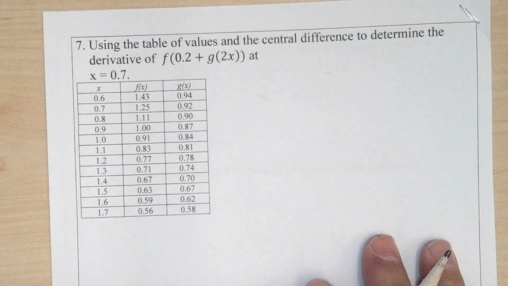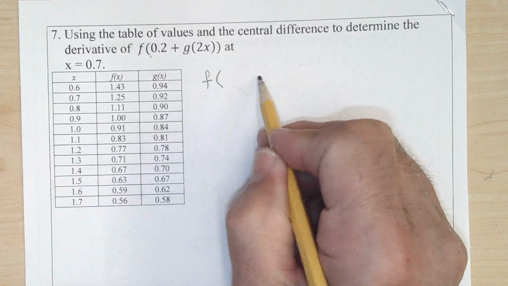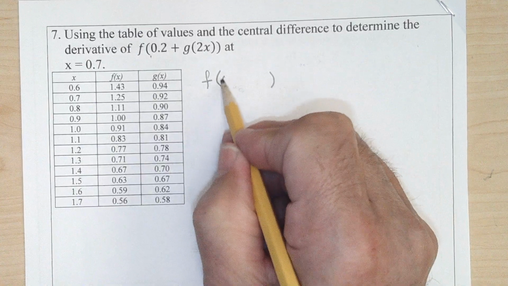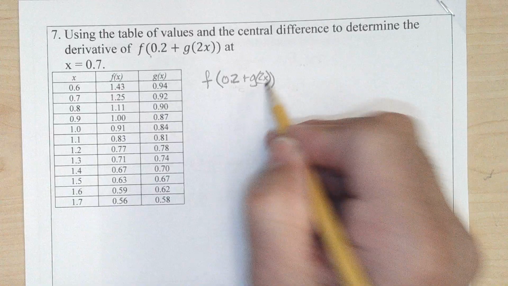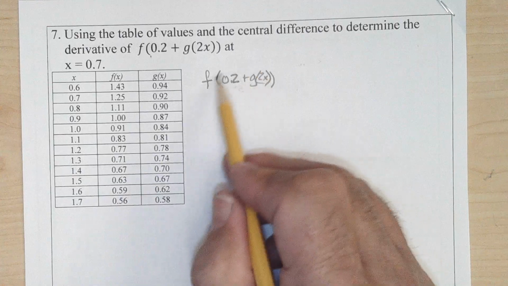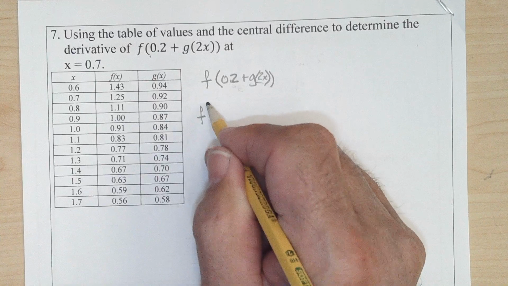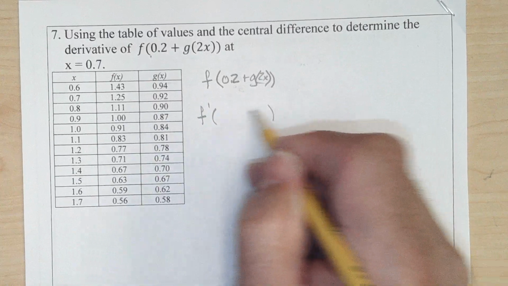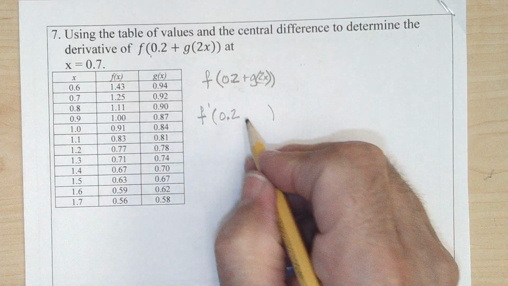And finally, the last problem. So it says f of stuff. The derivative of f of some stuff would be f prime of the stuff. You don't change the stuff inside when you're taking the derivative of the bigger picture.